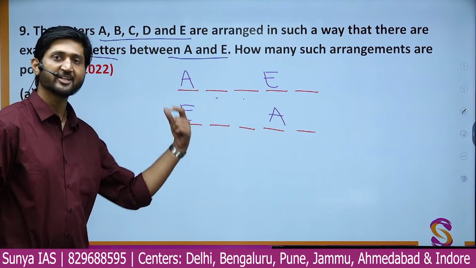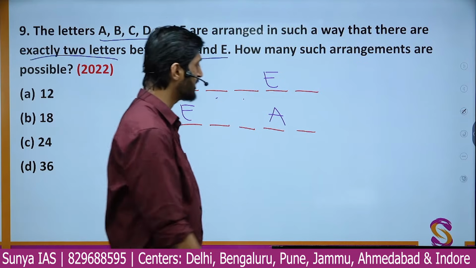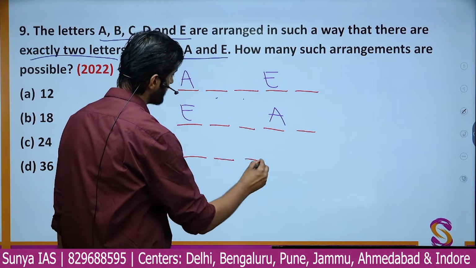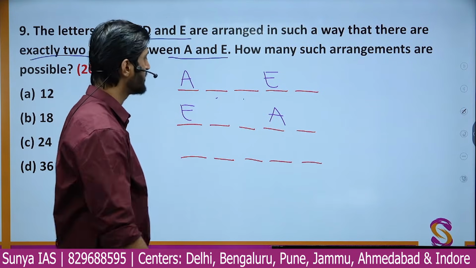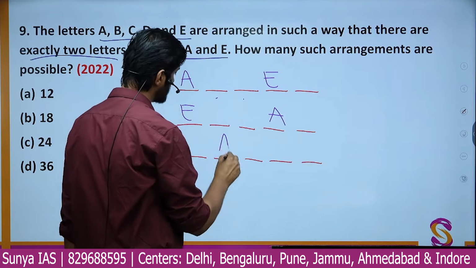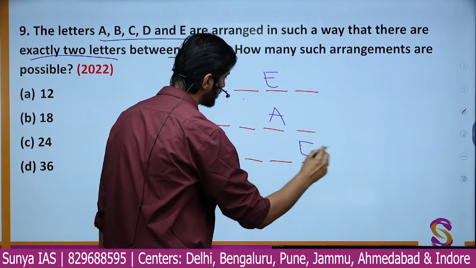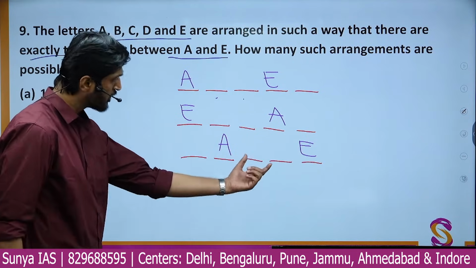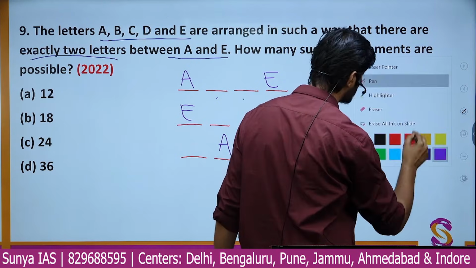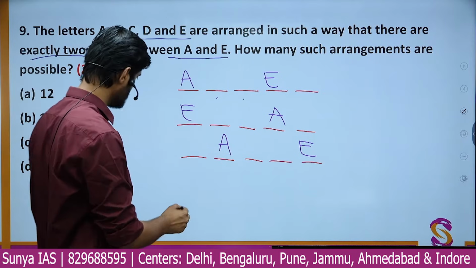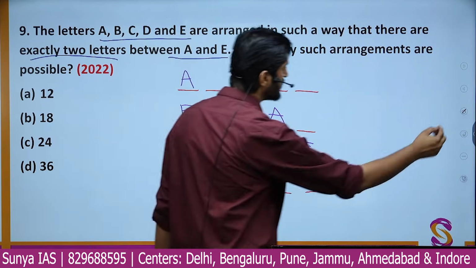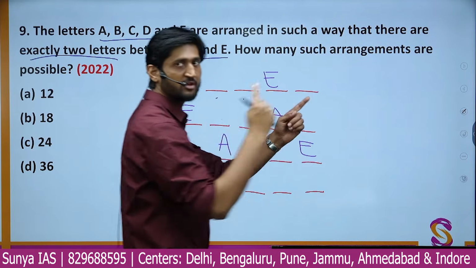Is there any other way in which these A and E can be placed? Yes, of course there are. So we have one more way in which we can place A at this position and E at this position, right? So we'll have exactly two letters in between. Similarly, we can have one more arrangement in which E and A will be reversed in position.